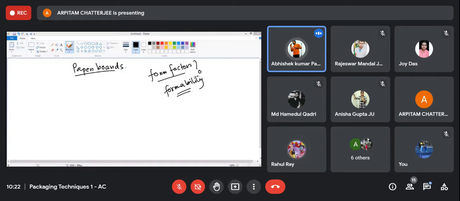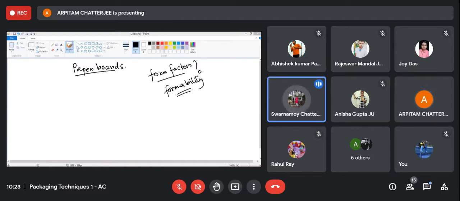Sir, strength is less. Then the 2D and 3D question does not arise here. The material is 2D, but you can fold it and make it 3D, can't you? Yes, sir. Why this 2D 3D thing is coming, I don't know.